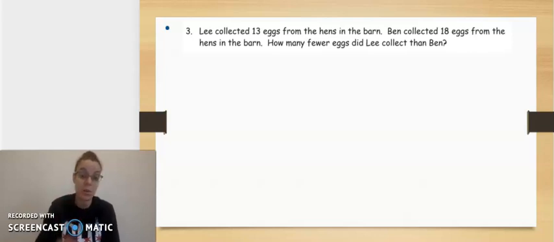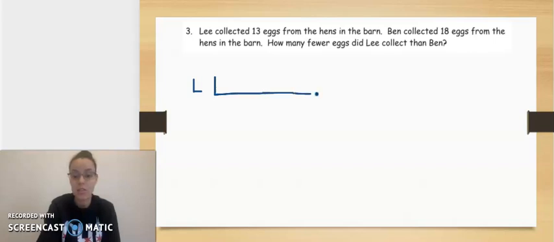All right, you guys keep working. I'm going to start to show my work to see if the beginning of your work is correct. So you should have started with an L for Lee and drew a box that says 13. Lee has 13. Should have drew a B for Ben.